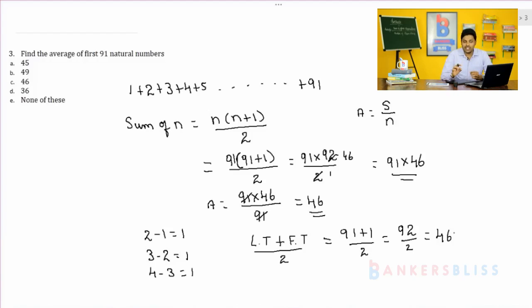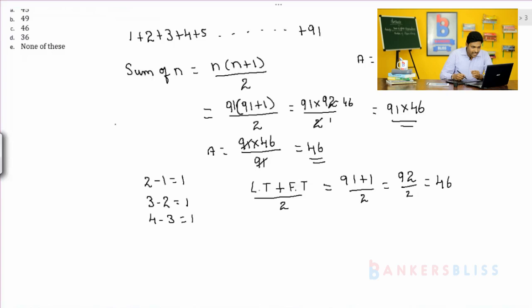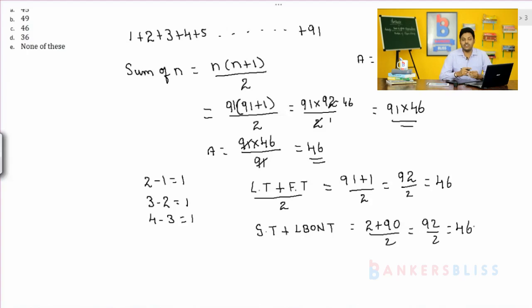To calculate the middle number, we can do this procedure, last term plus first term by 2, or else we can go with a different procedure, that is second term plus last but one term, which is 2 plus 90 by 2, 92 by 2, which is equal to 46. The same average value you are going to get.